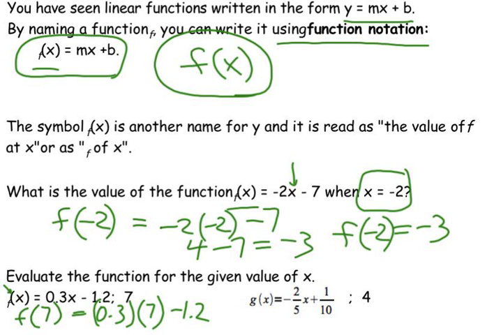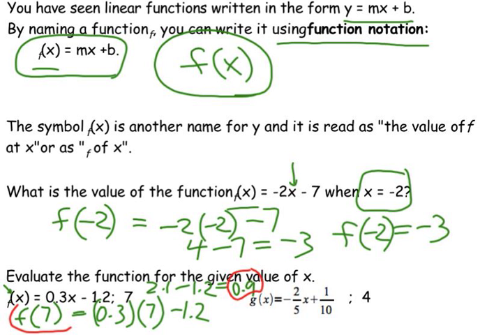When you do that, we end up with 2.1 minus 1.2, which is equal to 0.9. So the value of the function when x is 7 is 0.9.